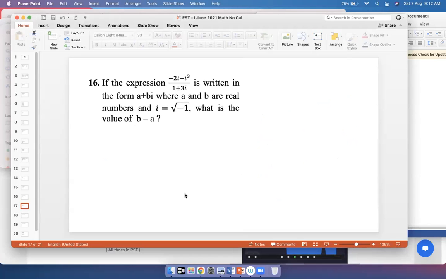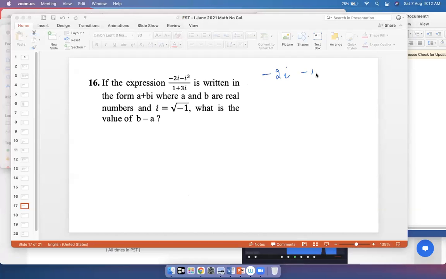If the expression minus 2i minus i cube divided by 1 plus 3i is written in the form a plus bi, where a and b are real numbers and i is the square root of -1, what is the value of b minus a? Okay, so minus 2i minus i cube divided by 1 plus 3i.